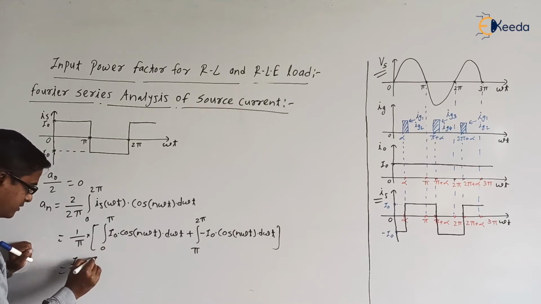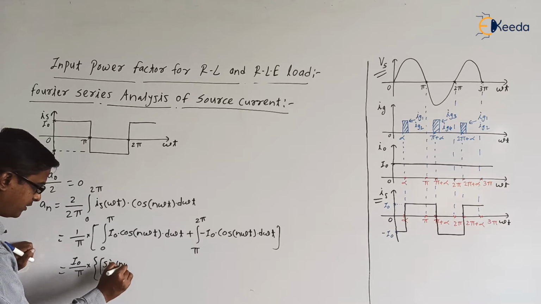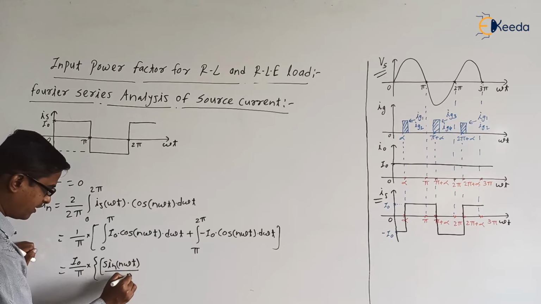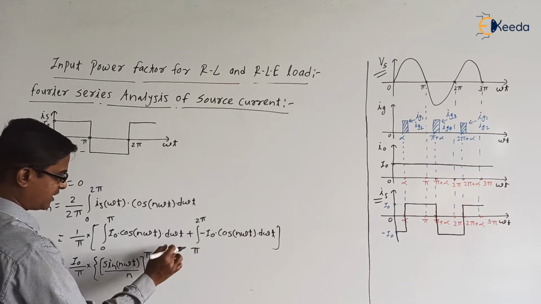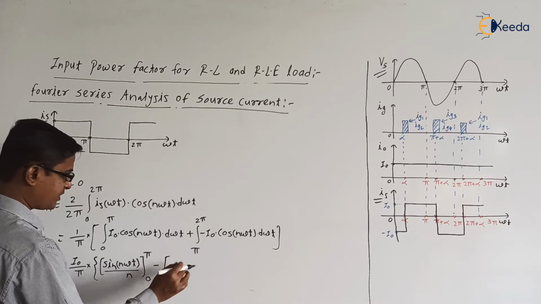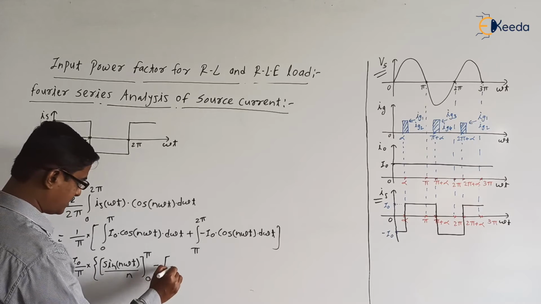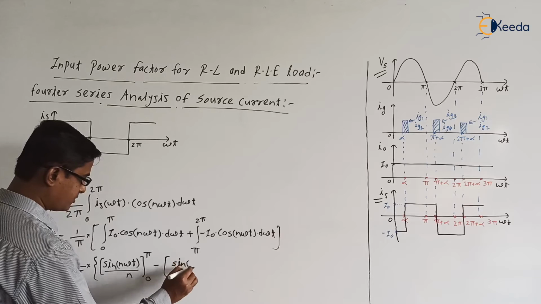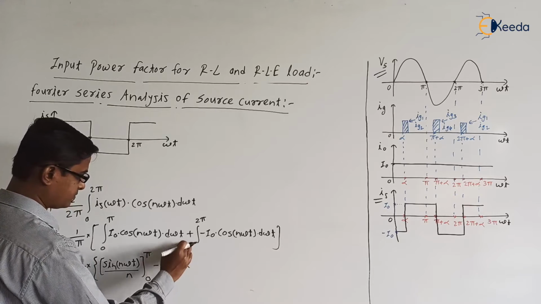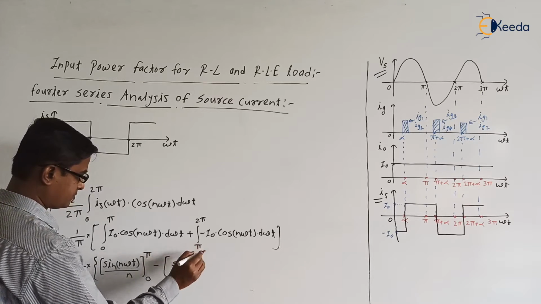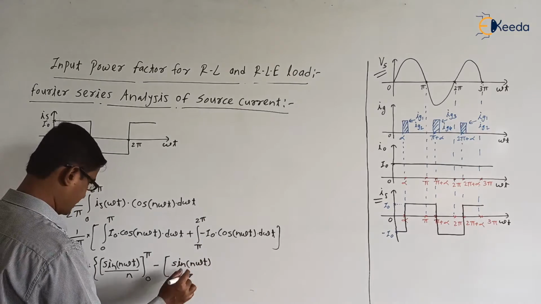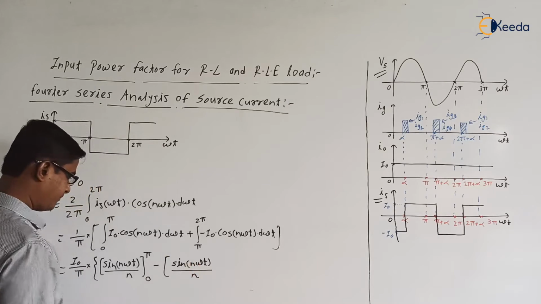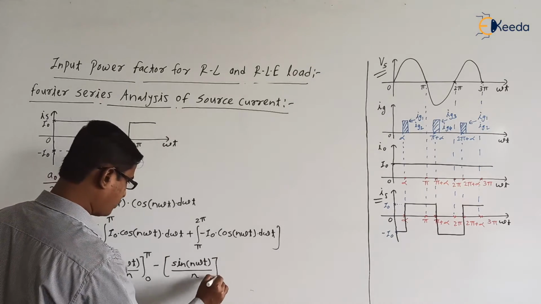So we can write it as sin of n omega t divided by n, limit 0 to pi, minus, taking this minus as it is, integration of cos of n omega t, which is again sin of n omega t divided by n, limit pi to 2 pi.